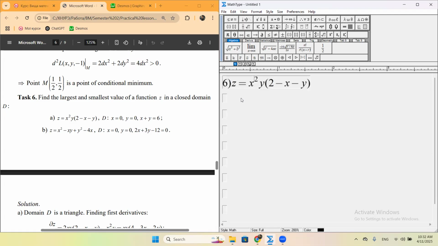You calculated the derivative, checked if you have extrema of this function on the segment, and if you have, you calculate the value at this extremum, and also you have to calculate the value of this function at the edges of the segment.